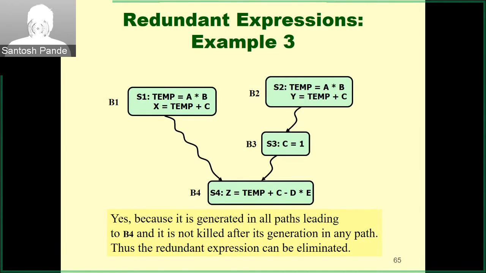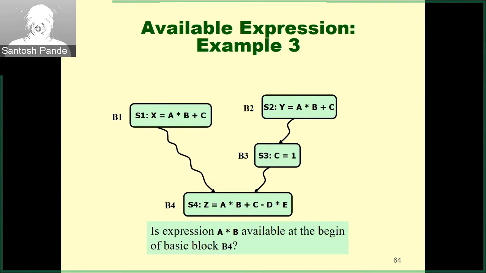And so what can we do about this in terms of optimization? We can try to do something with it. And you can see that A star B is also evaluated again here. And we already have the correct value of A star B, whatever that is in S1.